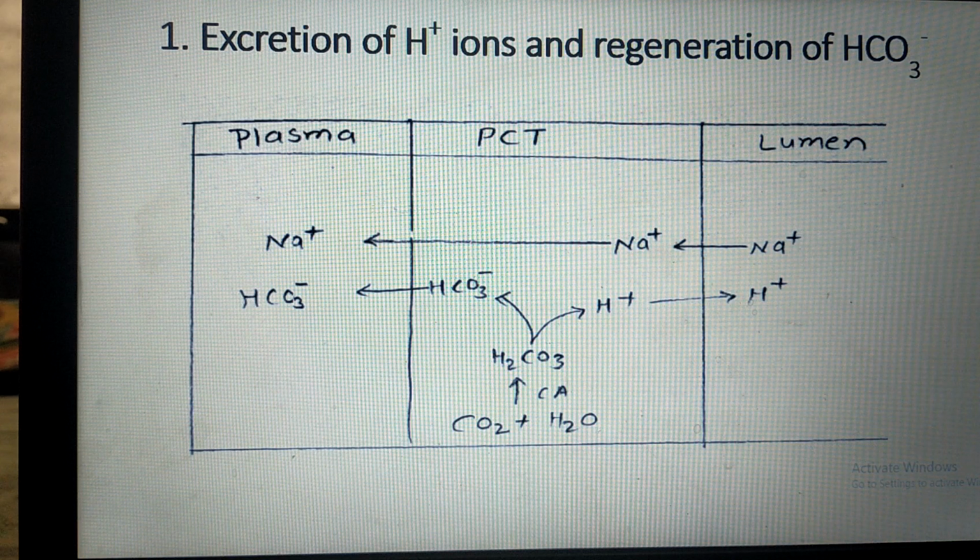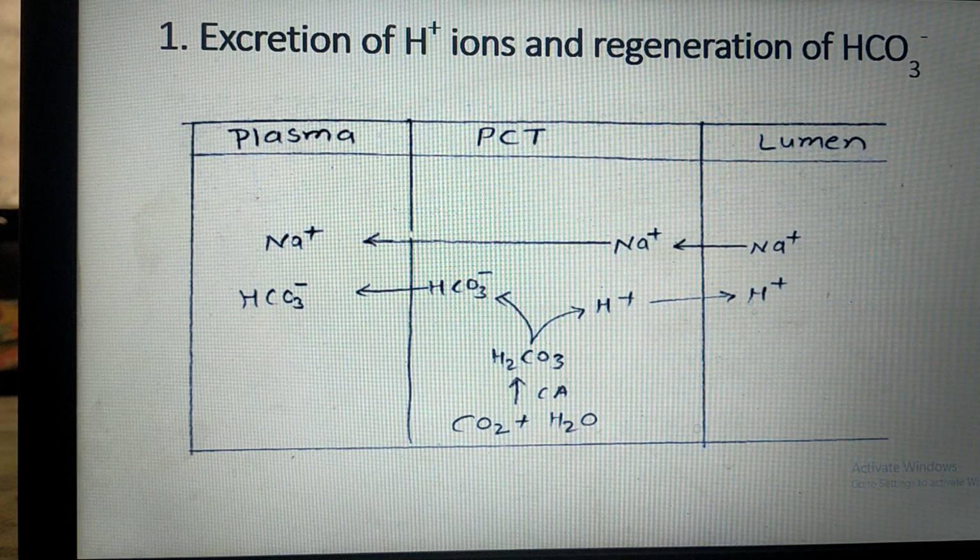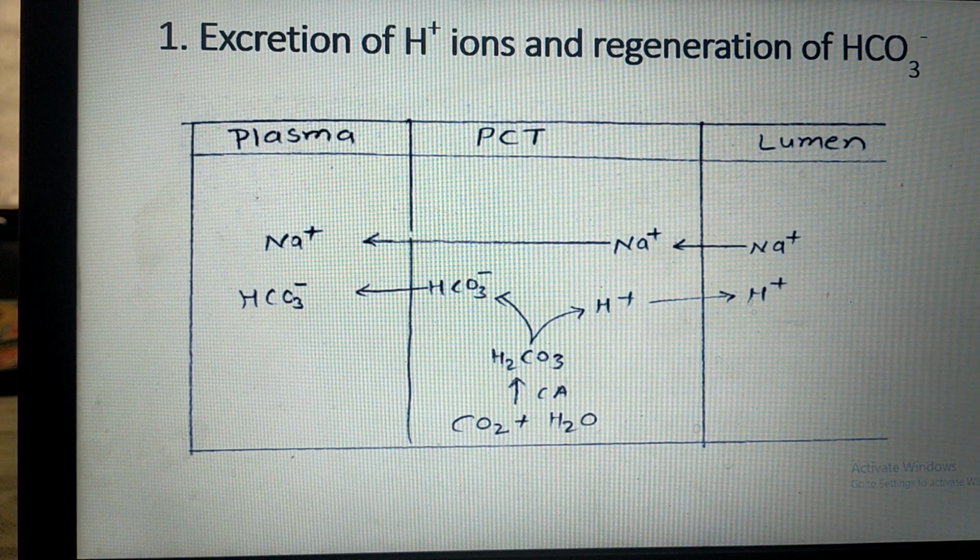In the respiratory system, the same reaction occurs, and H plus ion and bicarbonate ions remain in the body. But here, H plus ions are excreted into the urine, that is into the lumen, and bicarbonate ion enters into the plasma. So this is the difference.